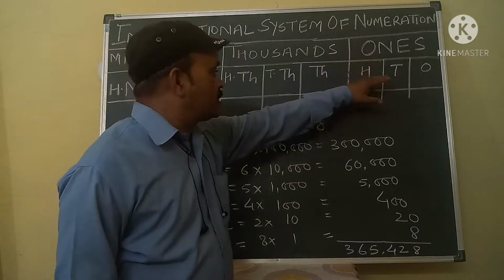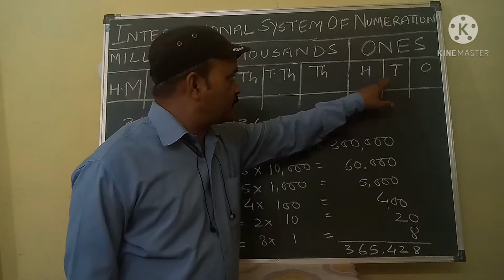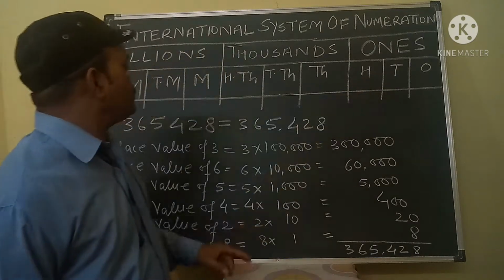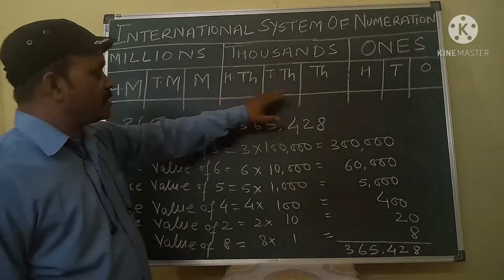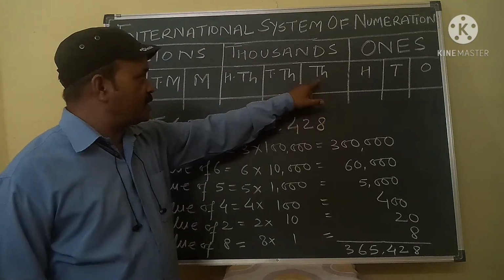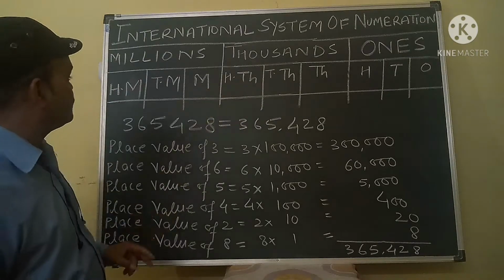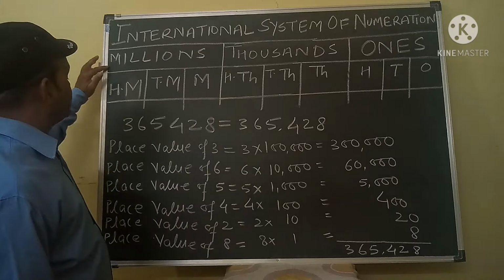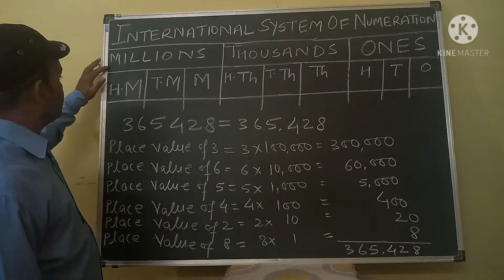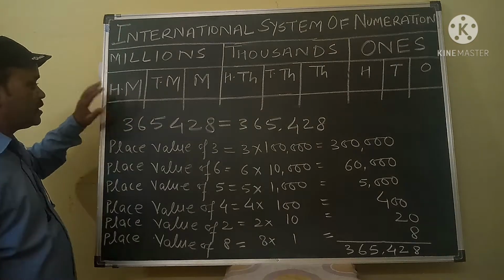Ones period has three places, that is ones, tens, hundreds. Thousand period has three places, that is thousand, 10,000, 100,000. Millions period has three places, that is million, 10 million, 100 million.